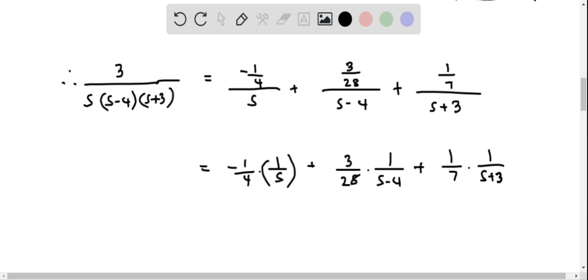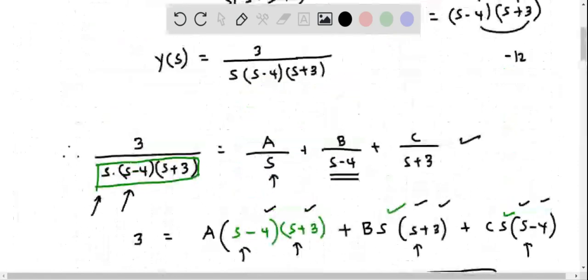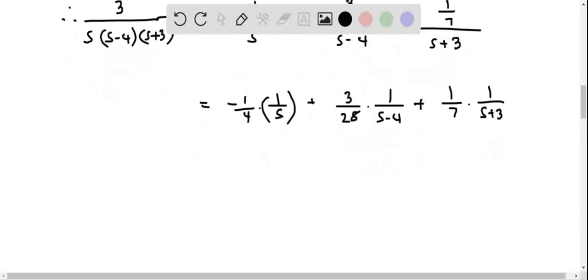Thus, we have written Y of s, which represents this fraction, in terms of partial fractions.